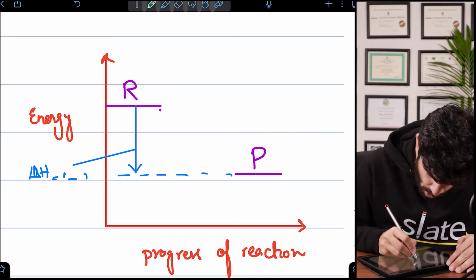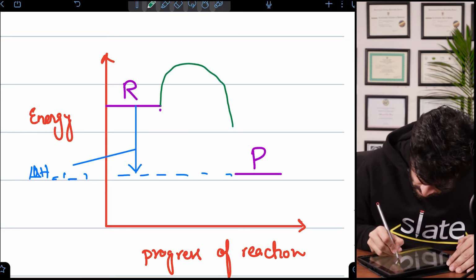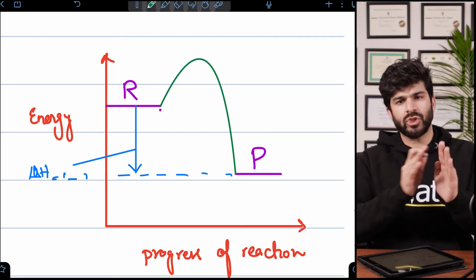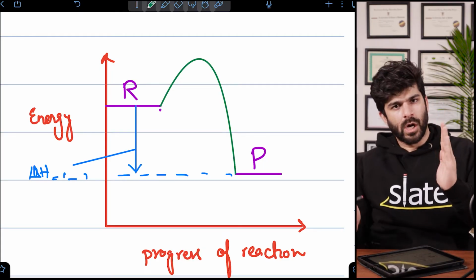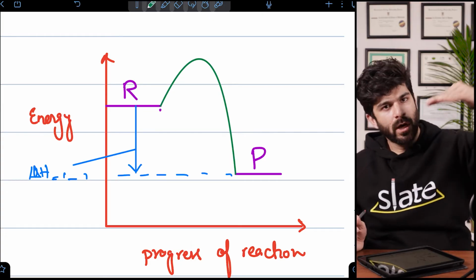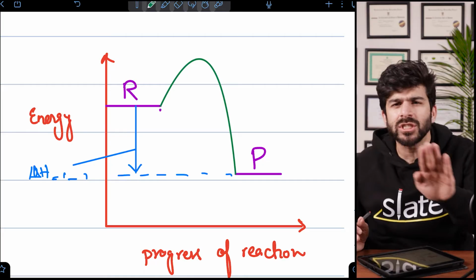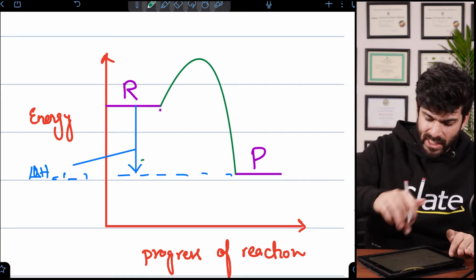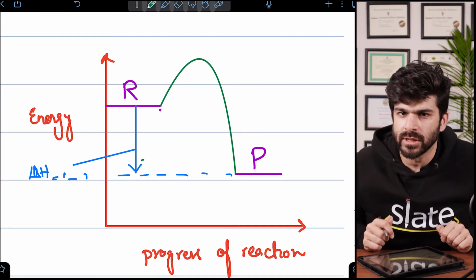So there will be a parabola. We will see such a curve which will move upwards from the reactants and then downwards to the product. From reactant to product, that was just the enthalpy change difference. This one. But now this shows the activation energy.